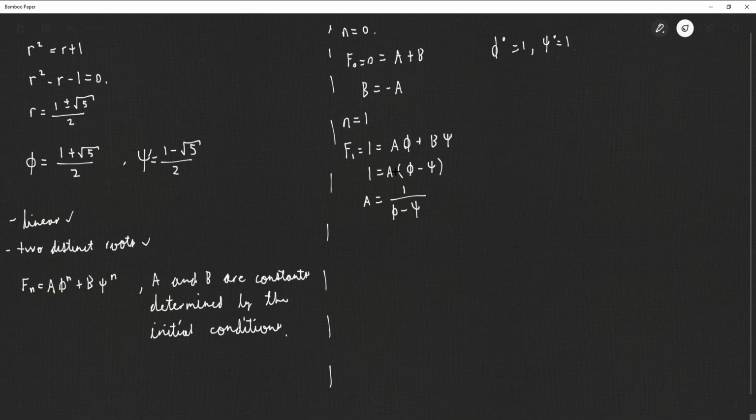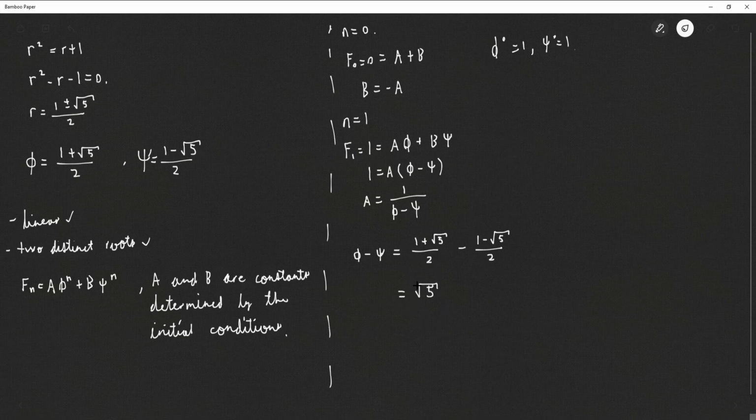But we're not done because we still need to compute what the denominator is equal to. But that's kind of simple because we know what both of them already are. So here we're going to get phi minus psi is equal to 1 plus root 5 over 2 minus 1 minus root 5 over 2, which if you simplify will just give you root 5.